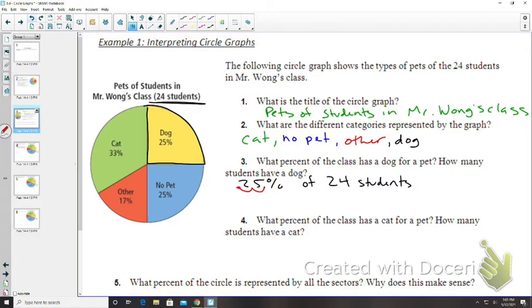Okay, so now that it's here, our number is 0.25. Okay, and we're going to multiply that by the number of students. Okay, so 0.25 times 24 students gives us a number of 6. So 6 students of the 24 have a dog.